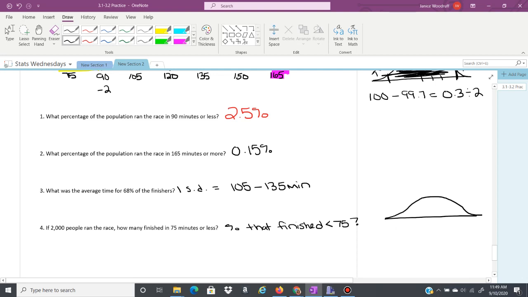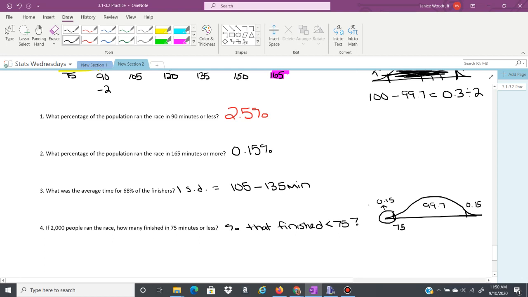All right, so here's the 75 or less would just be this little tiny part right here. The 99.7 would be from here to here. That would be the 99.7. So that's encompassing this entire area under the curve. So the 2 parts that are left are the 0.15 and the 0.15. That would give us 100.